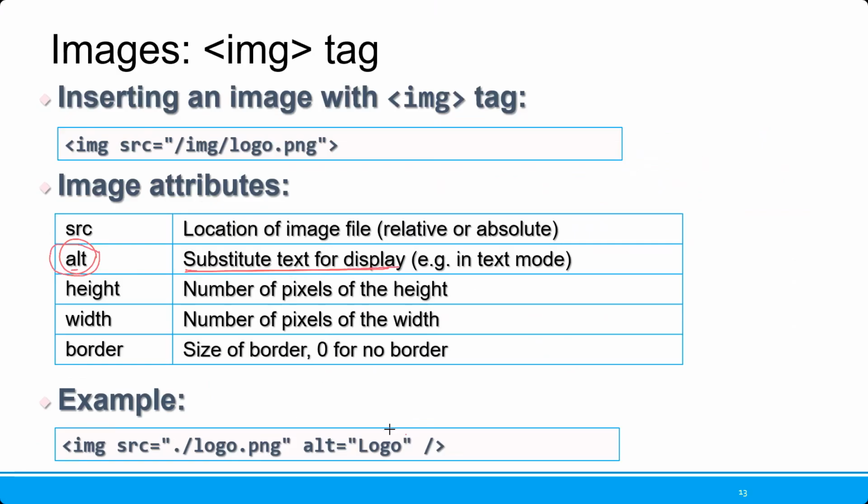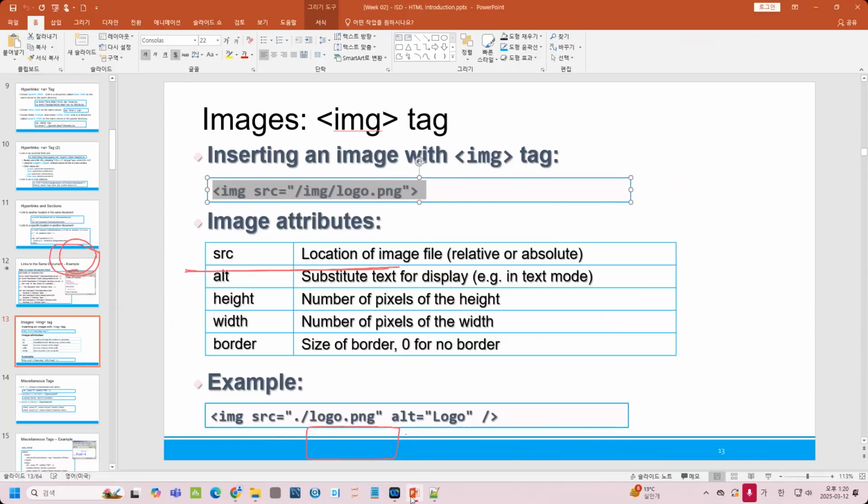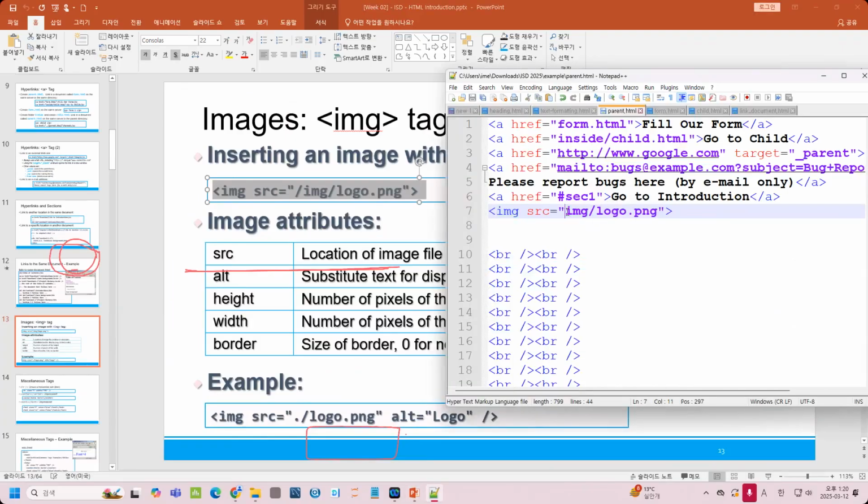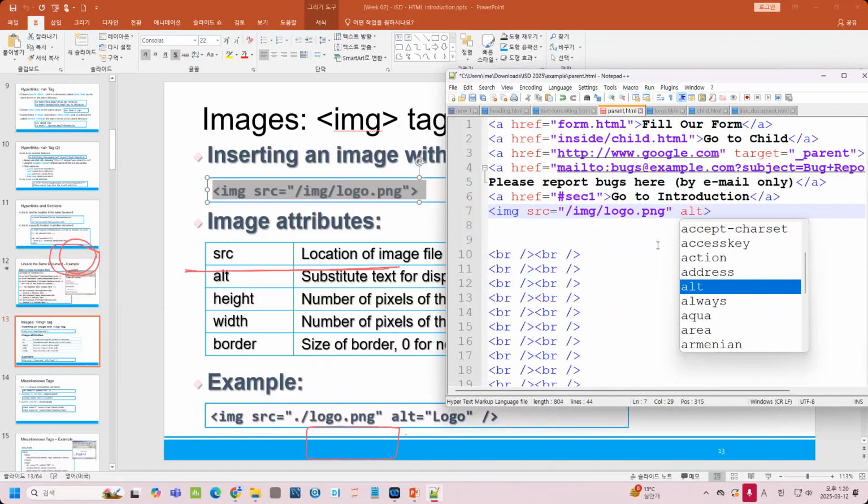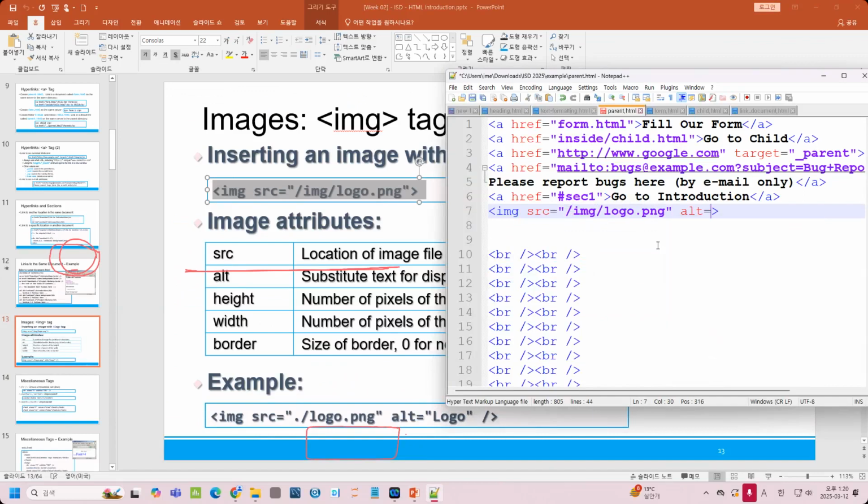Now let's see this one. We have ALT logo. Okay. Now, for example, I used this one before because using the slash, I cannot see the logo. Now, I would like to make the ALT or the alternative, and I want to mention this is a logo.